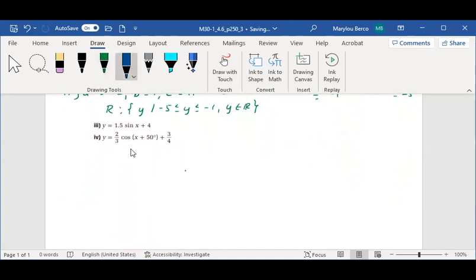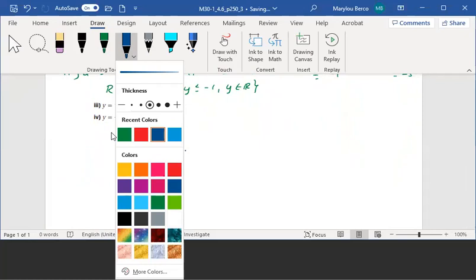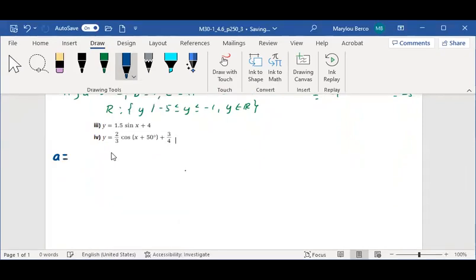for 3, we have A in our equation is 1.5, B is 1, C is 0, and D is 4.